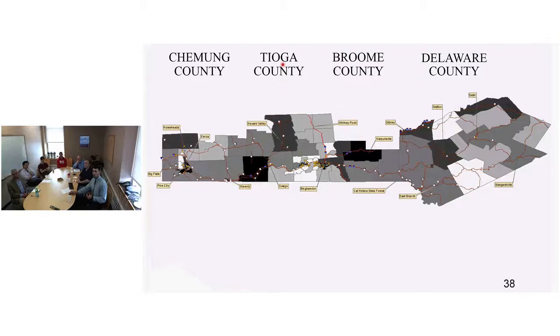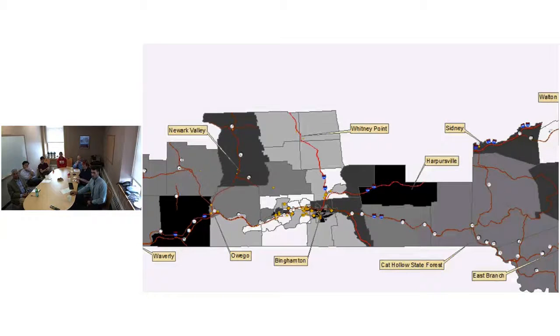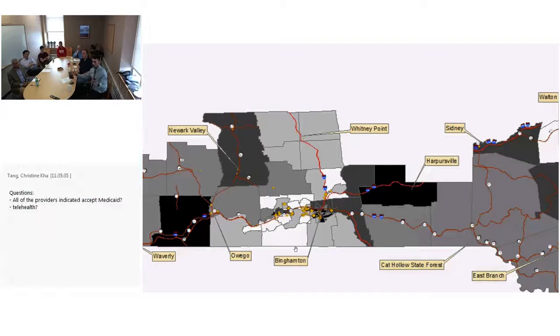And then Tioga is the richest county among these four counties based on the median household income. There are so many primary care providers in this county that if I zoom, you see them? So there are so many primary care providers in this region. Also, the distance is not that much compared to the Broome County scale.